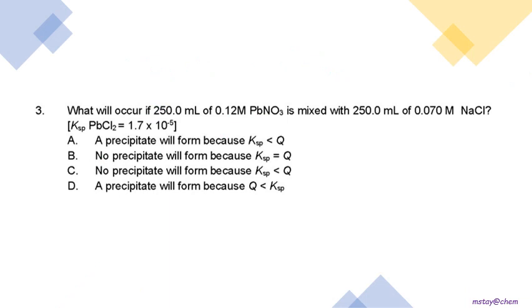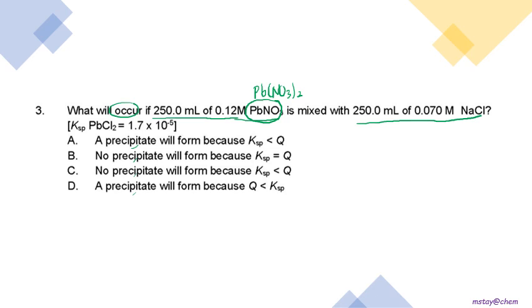Question number 3. What will occur if 250 ml of 0.12 molar lead 2 nitrate, maybe you have to make some changes here, lead 2 nitrate should be Pb(NO3)2, is mixed with 200 ml of 0.07 molar NaCl, and the KSP value is given. When we look at the options, we can see the word precipitate, so we are going to calculate the Q for this question.